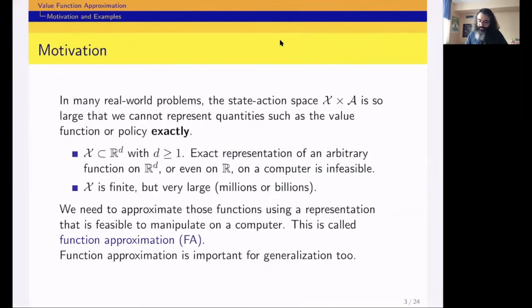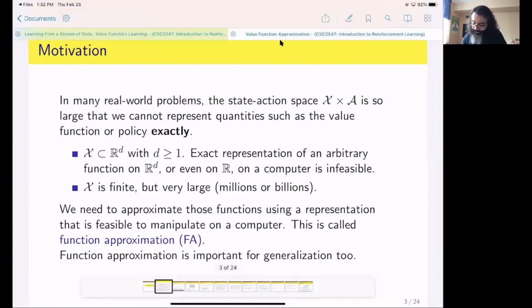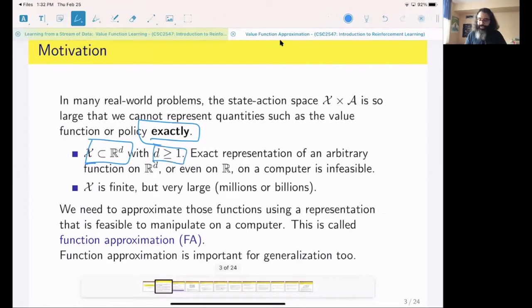Okay, so as I said, in many real-world problems, the state action space is so large that we cannot represent quantities like value function or policy exactly. So I guess the important keyword here is exact. Just for example, if the state space is a subset of R^D, with D greater than or equal to 1, then exact representation of an arbitrary function is going to be impossible on a computer.